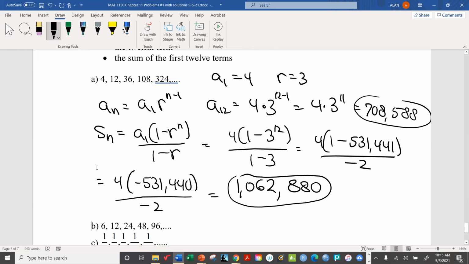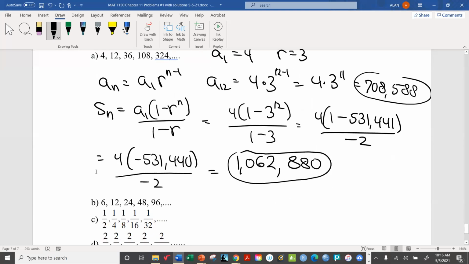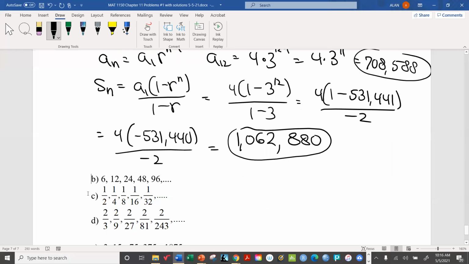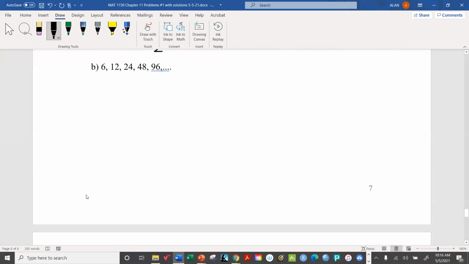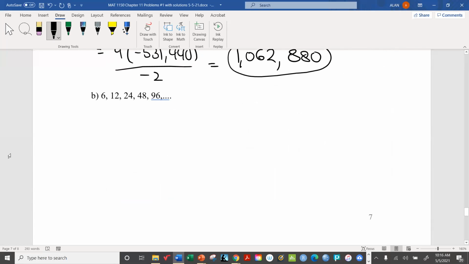Now the next one looks pretty straightforward. We start with 6, obviously, and we have a common ratio of 2.